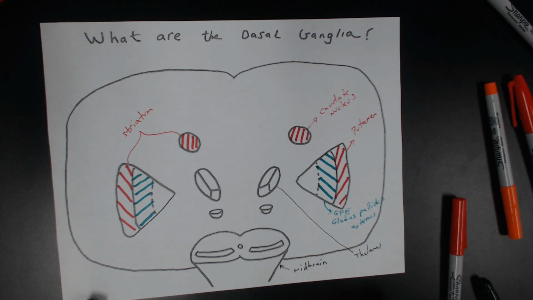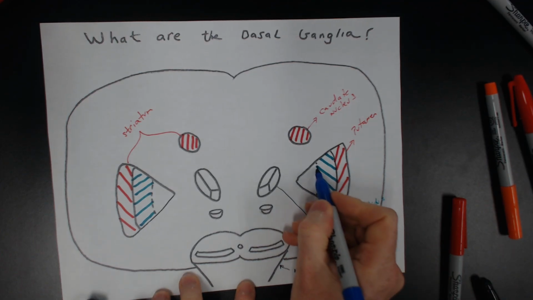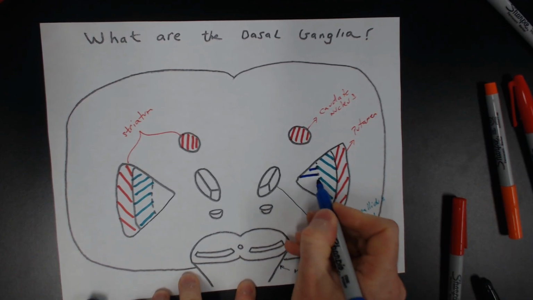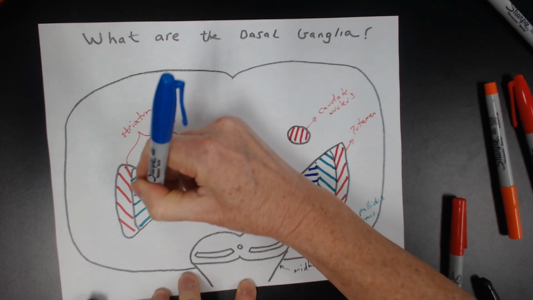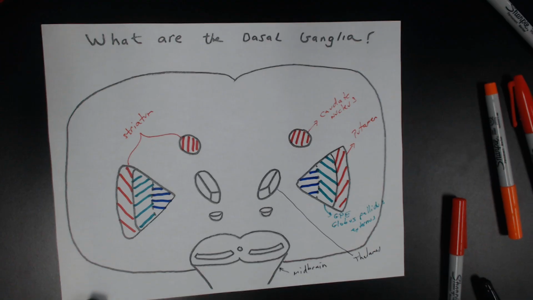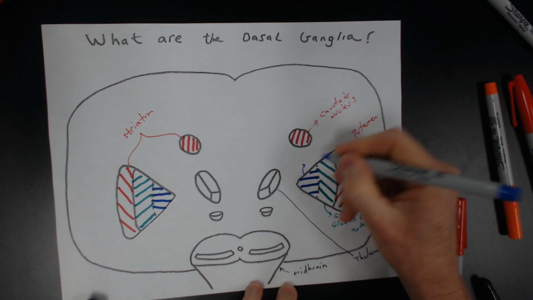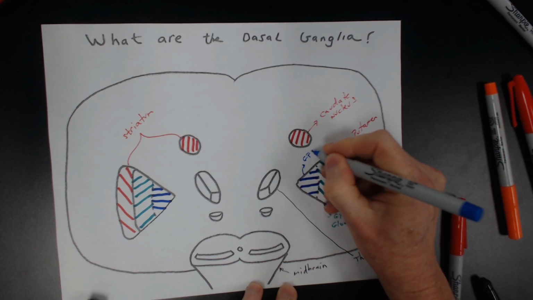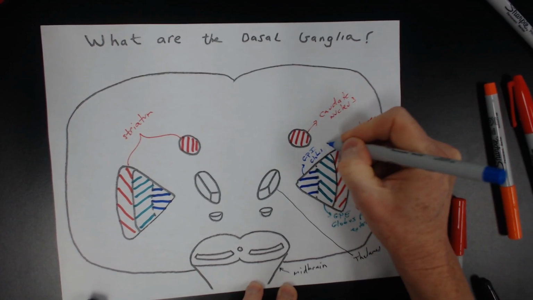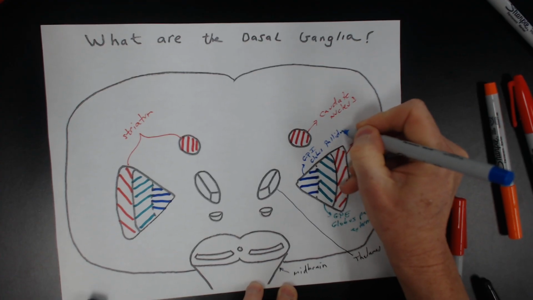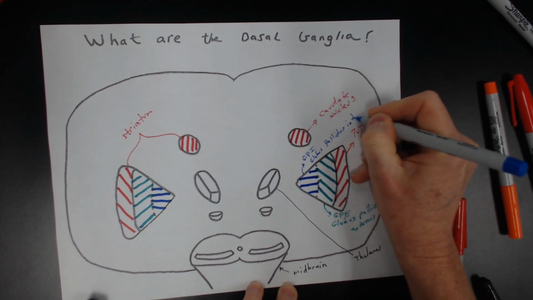And then just inside the GPE, since you have a globus pallidus externus, there's got to be a globus pallidus internus. So this is going to be your GPI. So just medial to the GPE is your GPI, and that's globus pallidus internus.